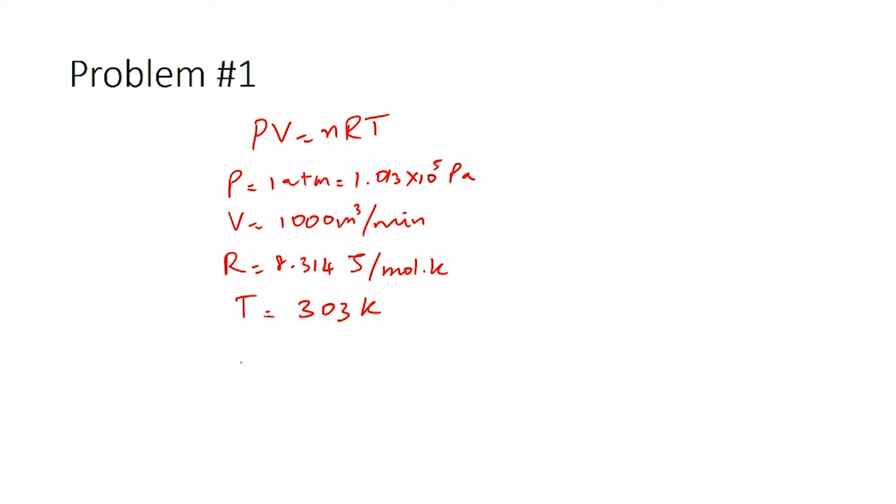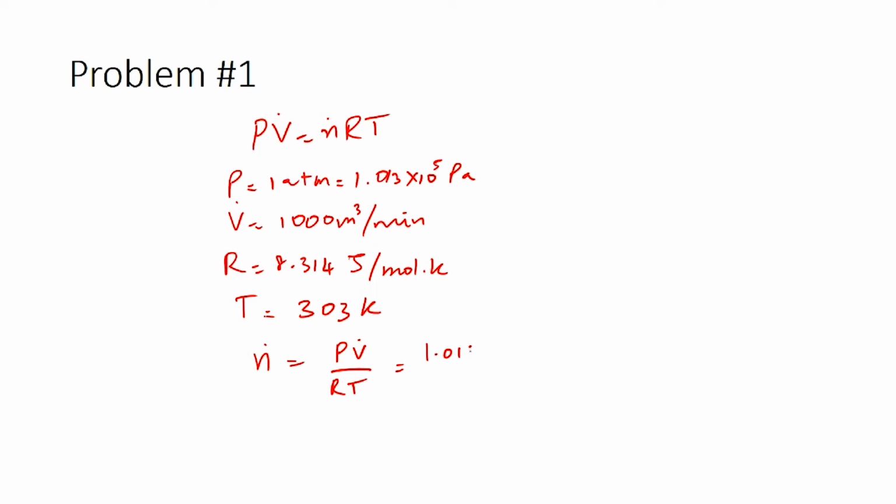We can calculate n dot, because it is molar flow rate. n dot would be equal to P V dot divided by RT. So, PV dot equals n dot RT, and we are calculating n dot as PV dot divided by RT.